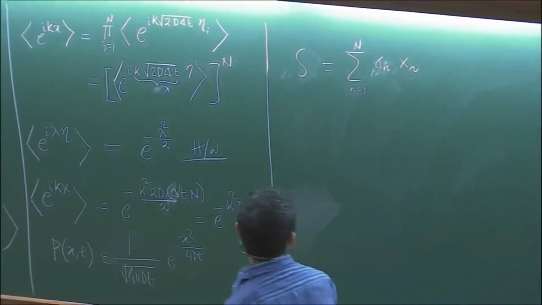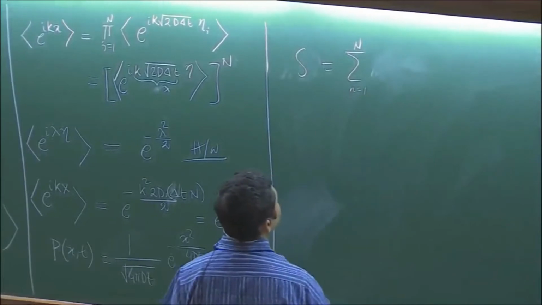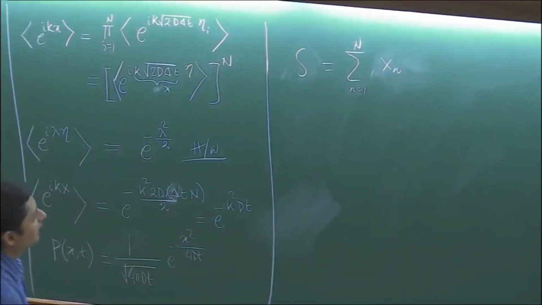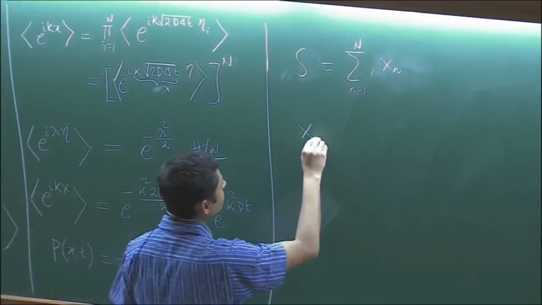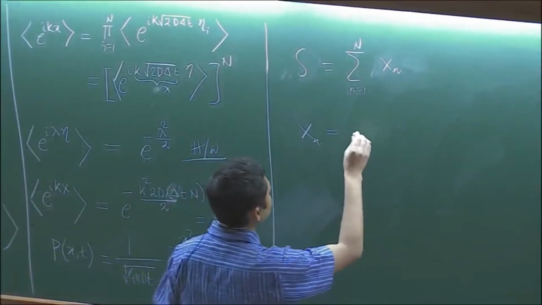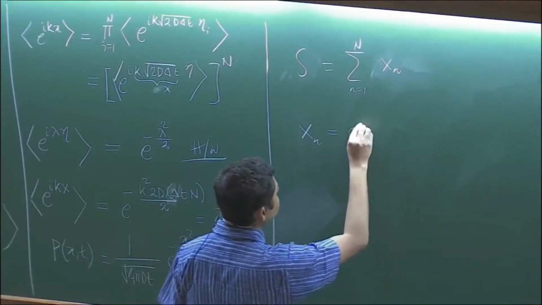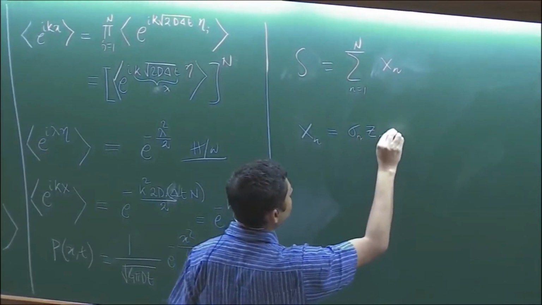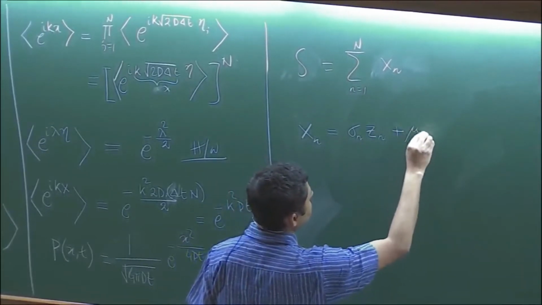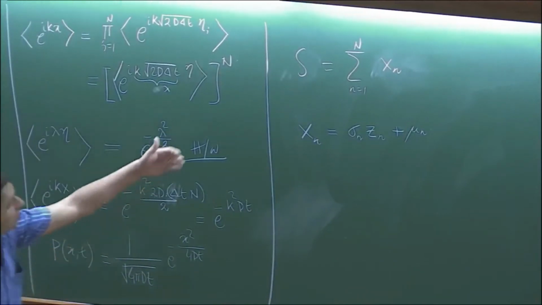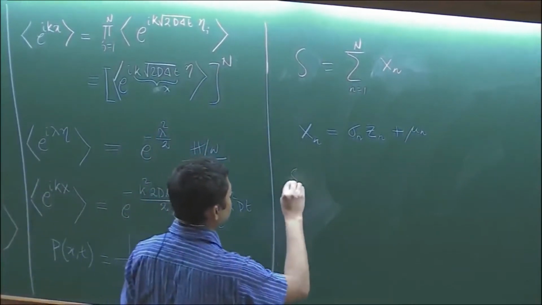So let's just do this. Let's say this is xn. And xn I can always write as some sigma n Zn plus mu n, right?